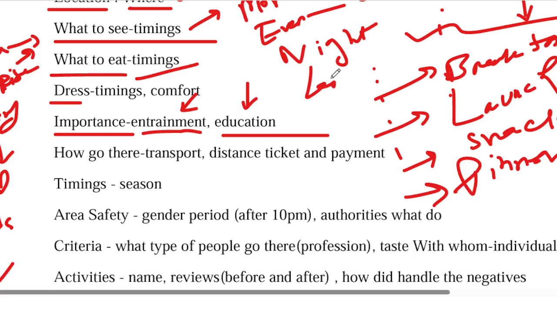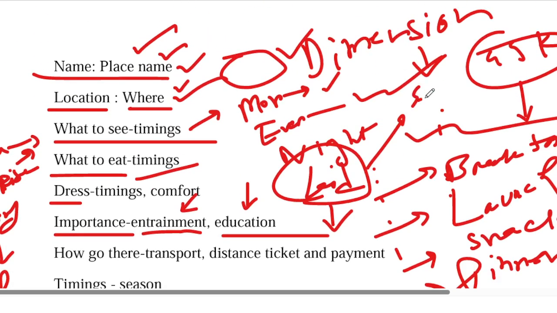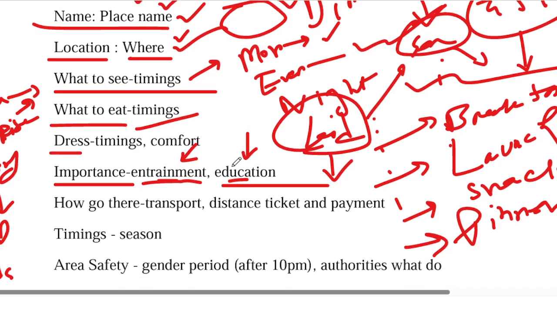Maybe a kid was just beside you, you threw something on the sea beach, and that kid took that and put it in the bin. You learn that, okay, I should not throw things anywhere but in the right place. It can be a little bit of education. You can talk about that. Maybe some other things you learn. So talk about the entertainment, also about the education.